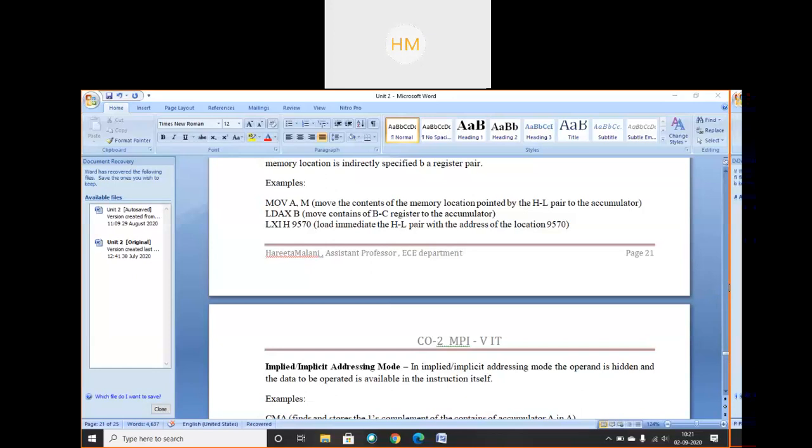Yes, students, please quote some examples. Rotate instruction, okay.